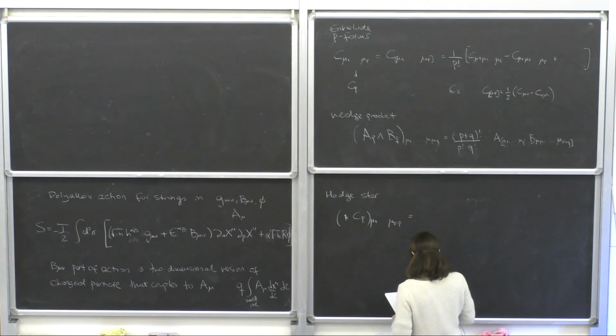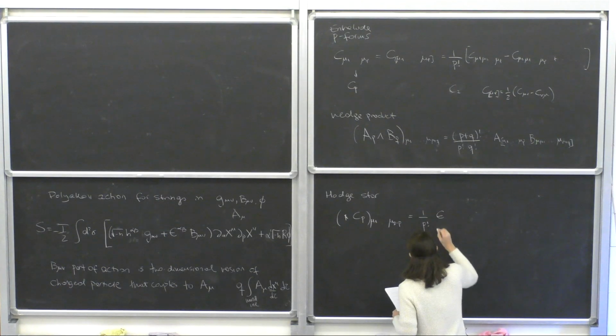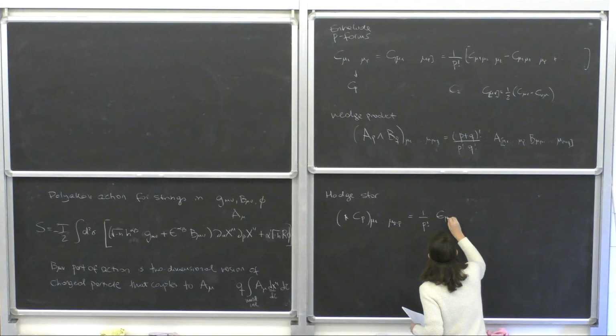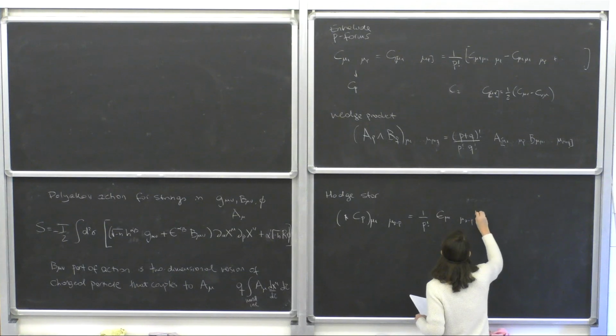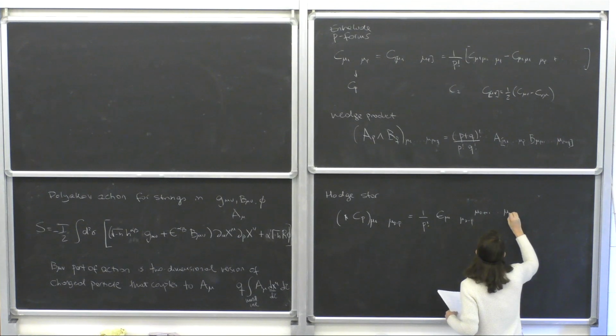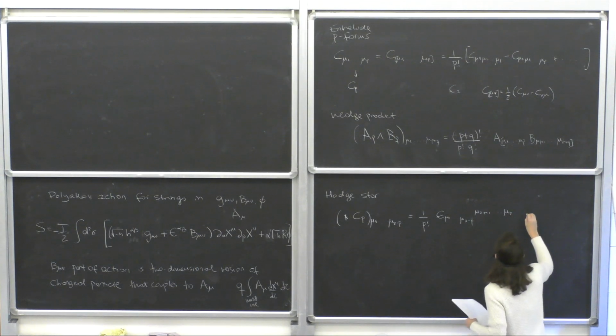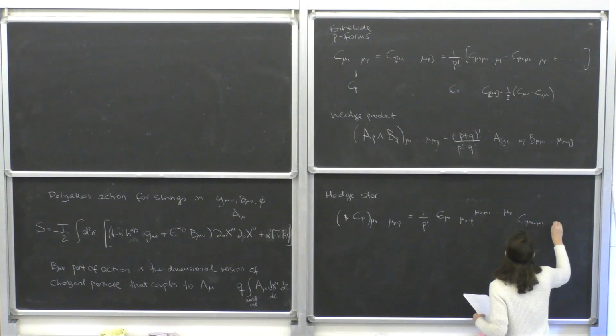And this is equal, and again, 1 over p factorial epsilon mu1 to mu d minus p, mu d minus p plus 1 up to mu d, of C mu d minus p plus 1 to mu d.